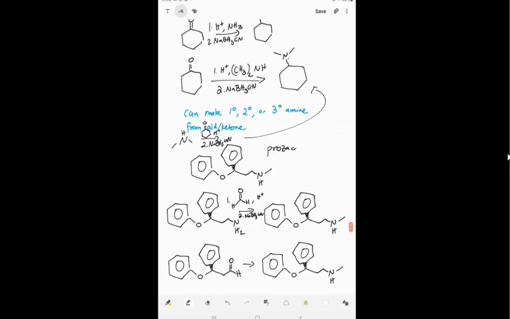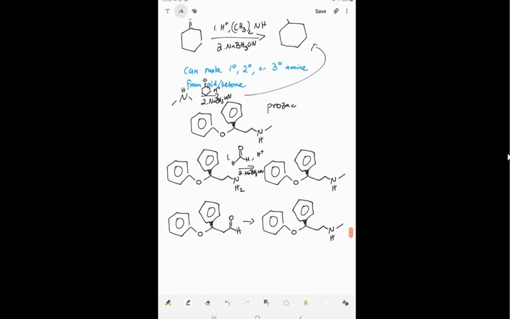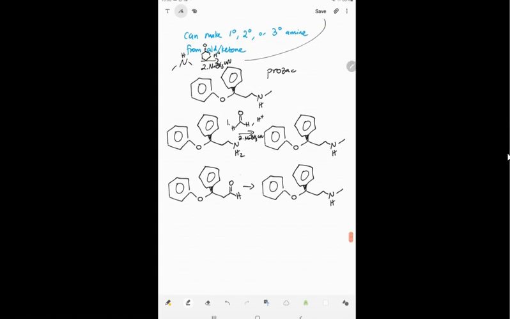So we're going to see here that both of these will work. We can start with the amine and then use an aldehyde on it to alkylate our amine. Or we can start with the aldehyde directly and go ahead and put methylamine on here. Methylamine with H plus, NaBH3CN, and poof, we'll have made our Prozac.